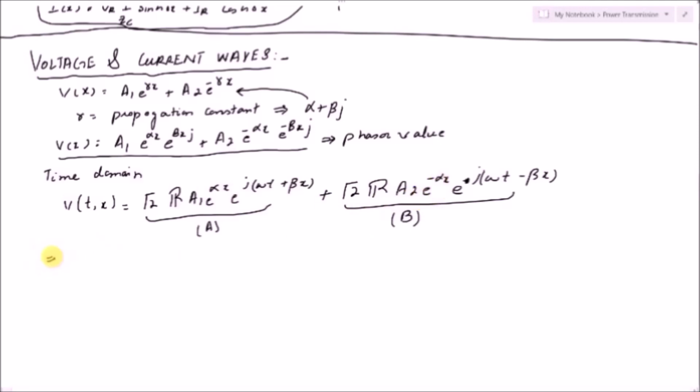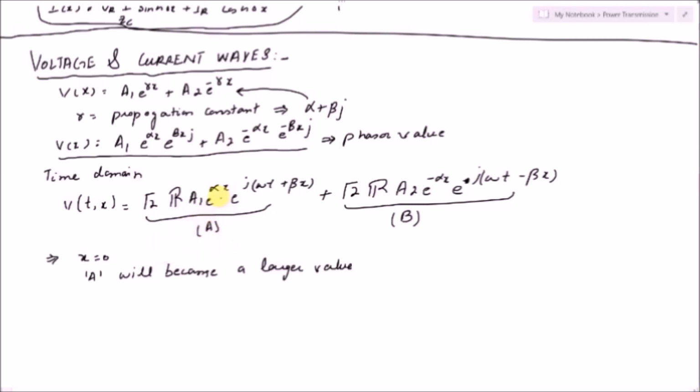Now if I start from the end of the line, at the end of the line x is equal to 0. If we move from the receiving end towards the sending end of the transmission line, A will become a larger value. At the receiving end x is equal to 0 and at the sending end x is equal to L. From the receiving end towards the sending end, the e raised to alpha x value will become larger, right?